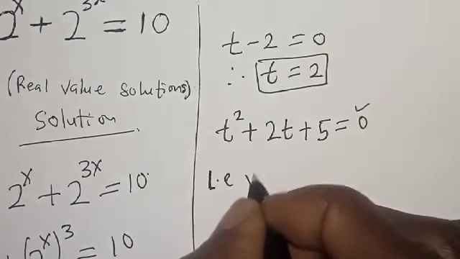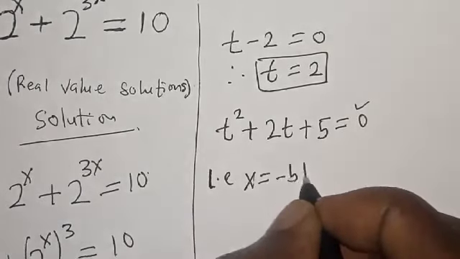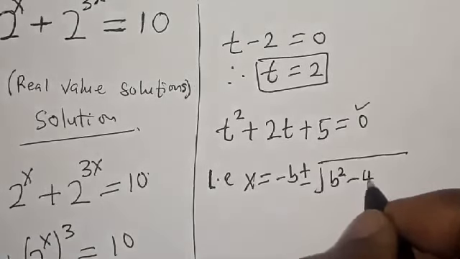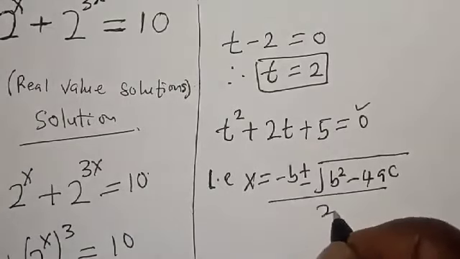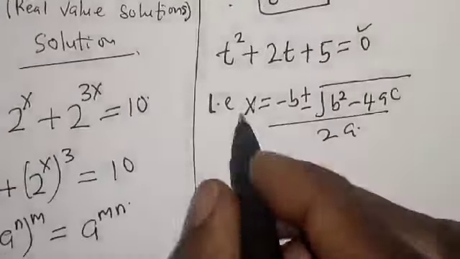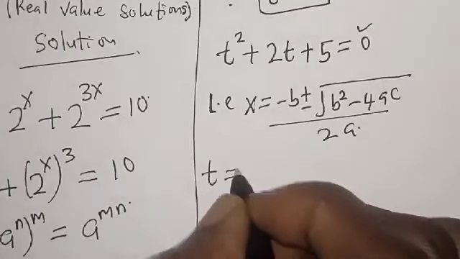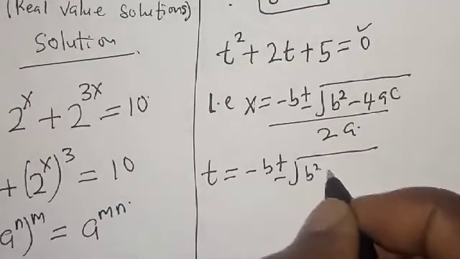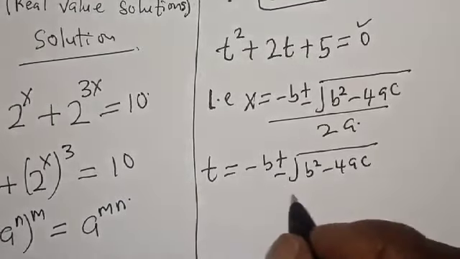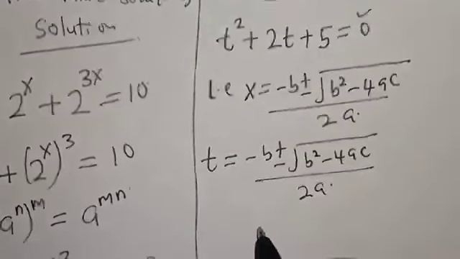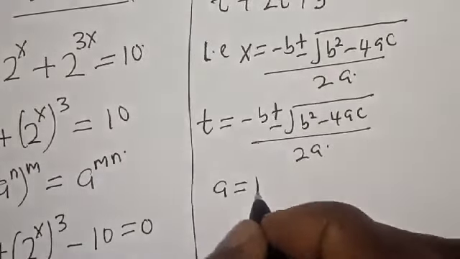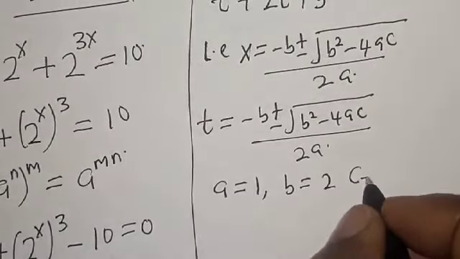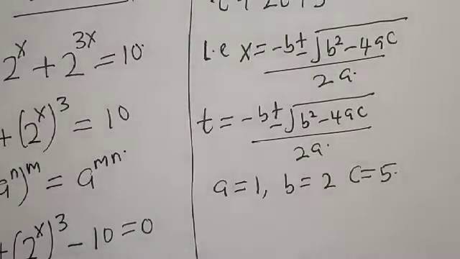That is, t is equal to minus b plus or minus square root of b squared minus 4ac over 2a. Here a is equal to 1, b is equal to 2, c is equal to 5.